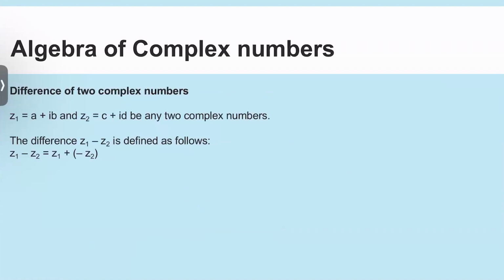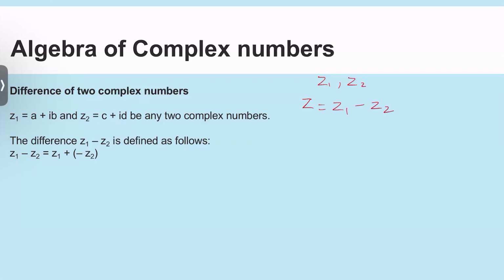Since we did the algebra to understand the addition of two complex numbers, now we will see what happens if you want to find the difference between two complex numbers, z1 minus z2.